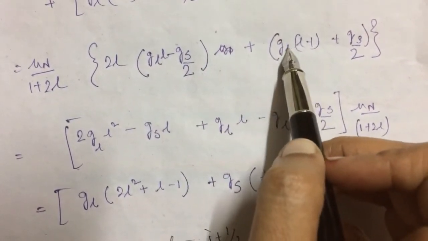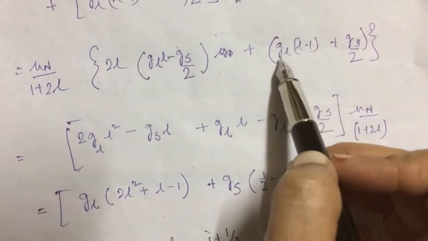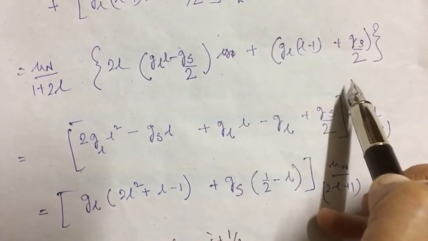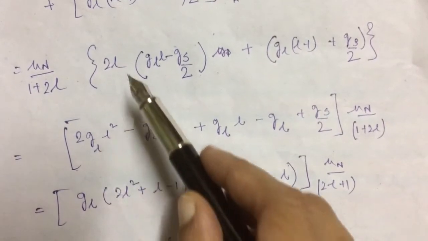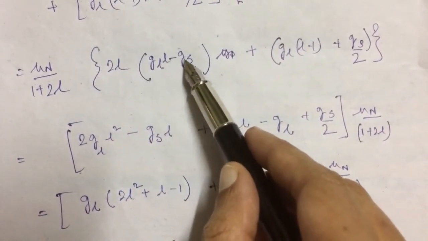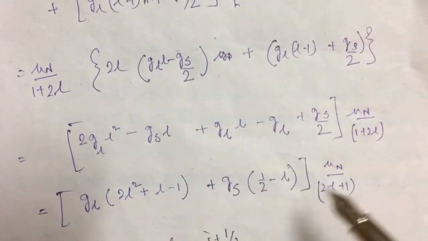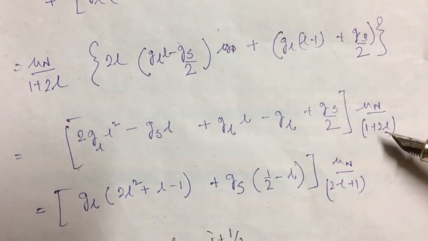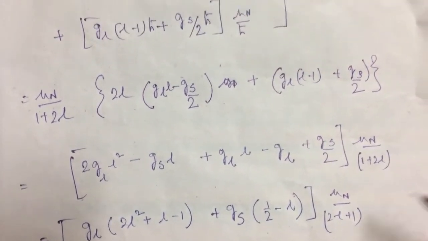There will be two combinations of this bracket. L and S equal to minus half, and the other combination will be L minus 1 and S equal to plus half. Here we got 2 L square GL, the magnetic moment GS into L, and this is the common factor. The average value of the magnetic moment of the nucleus, twice L, 1 plus twice L is square.